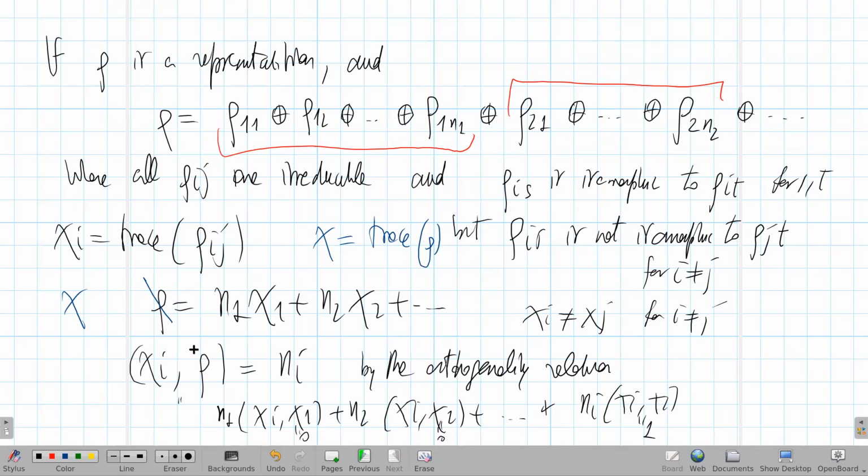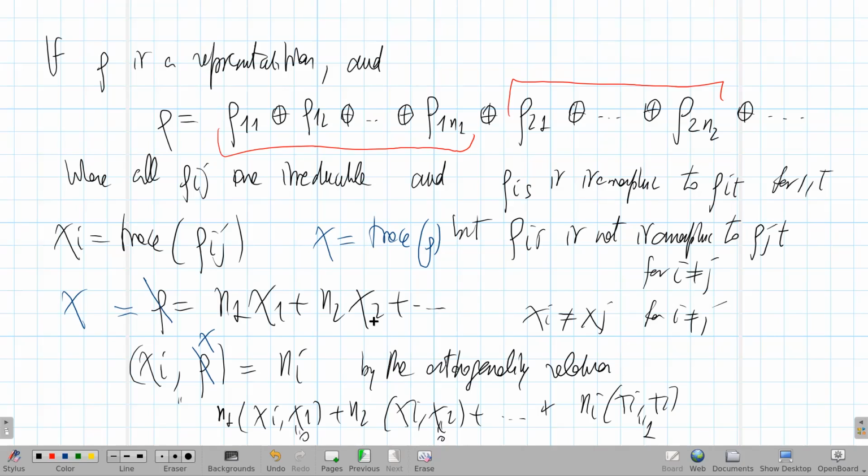So this is not rho, it's chi. It's the character associated to the representation. So if you take the inner product of chi with this character, you get exactly the number of times the representation appears in rho, the number of times the character appears in here. Okay, so this is a very important point. Sorry for the confusion here. I had forgotten to take the trace here.